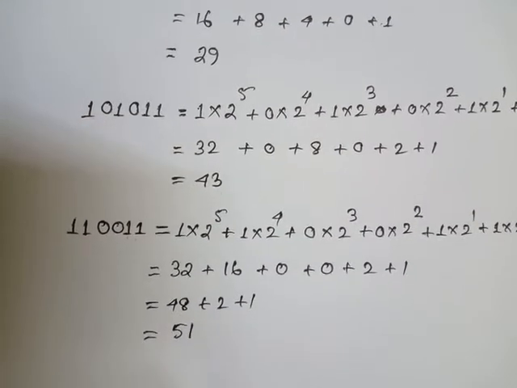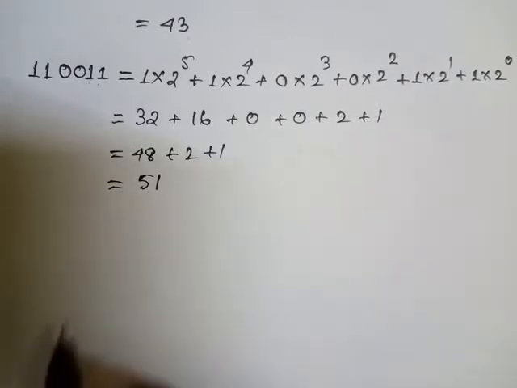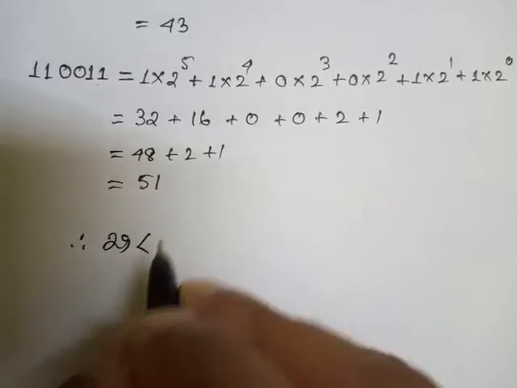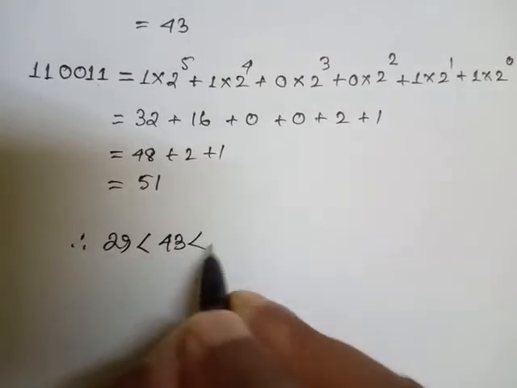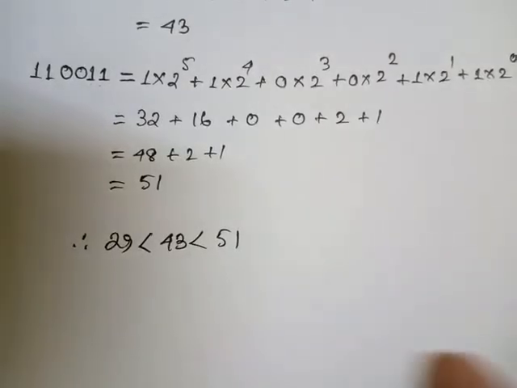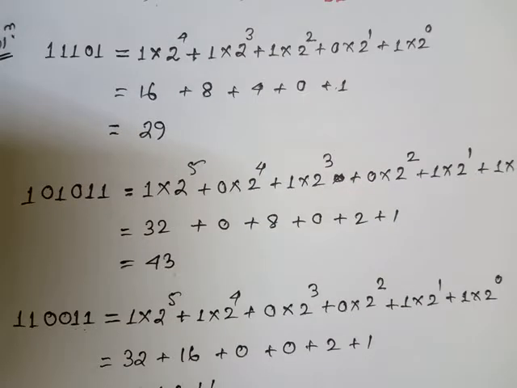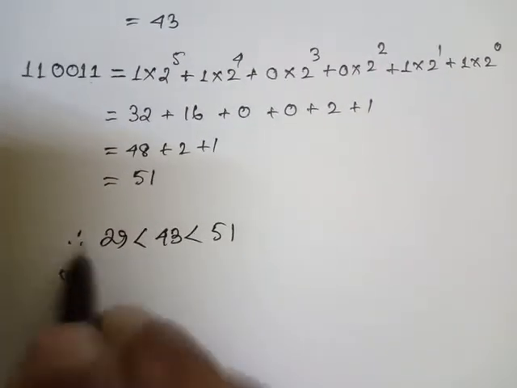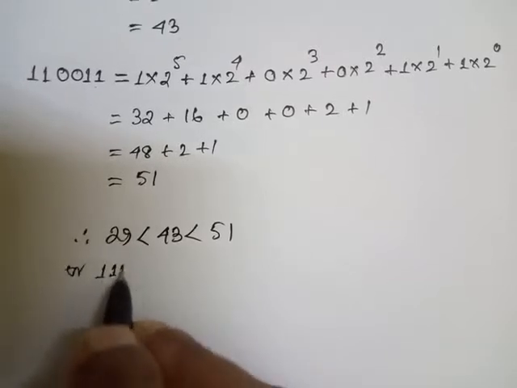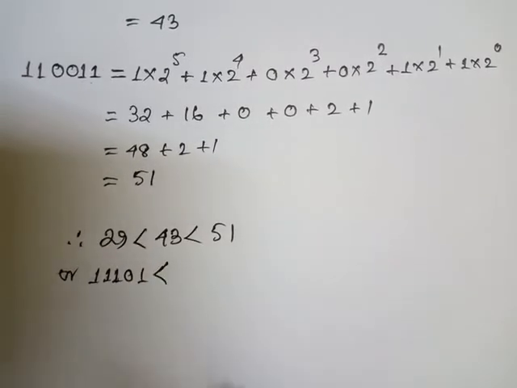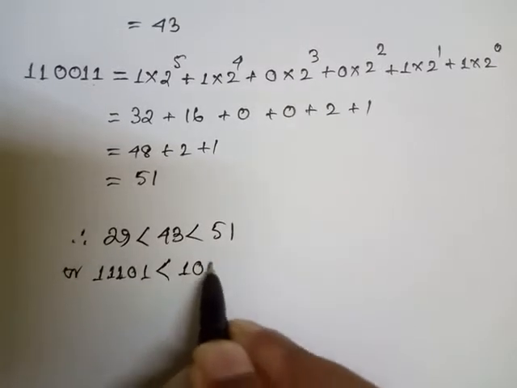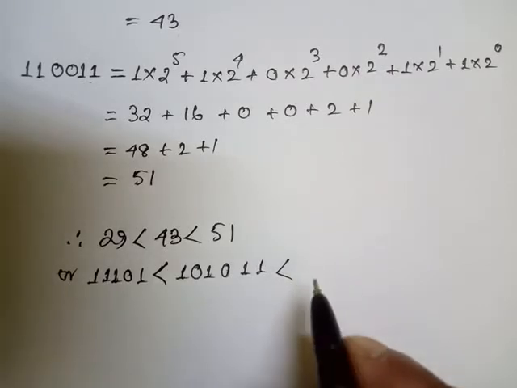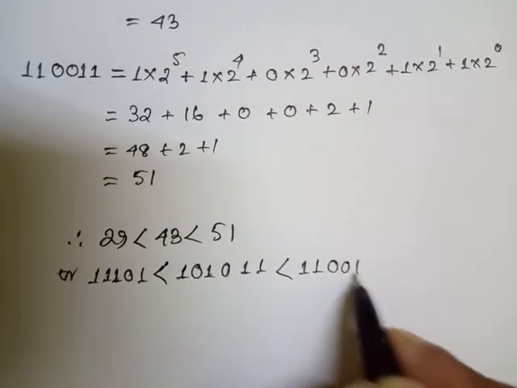Now among these three decimal numbers, if we want to arrange them in ascending order, which means smaller to bigger, we may write that the arrangement is therefore 29 less than 43 less than 51. Now 29 has come from 11101, so in place of 29 I will write 11101, which is less than 43, which came from 101011, and 51 came from 110011.